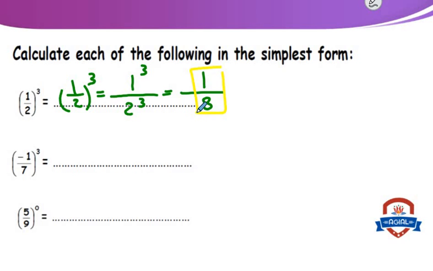1 over 8. Another example: negative 1 over 7 to the power 3. The power is odd, so keep the sign.